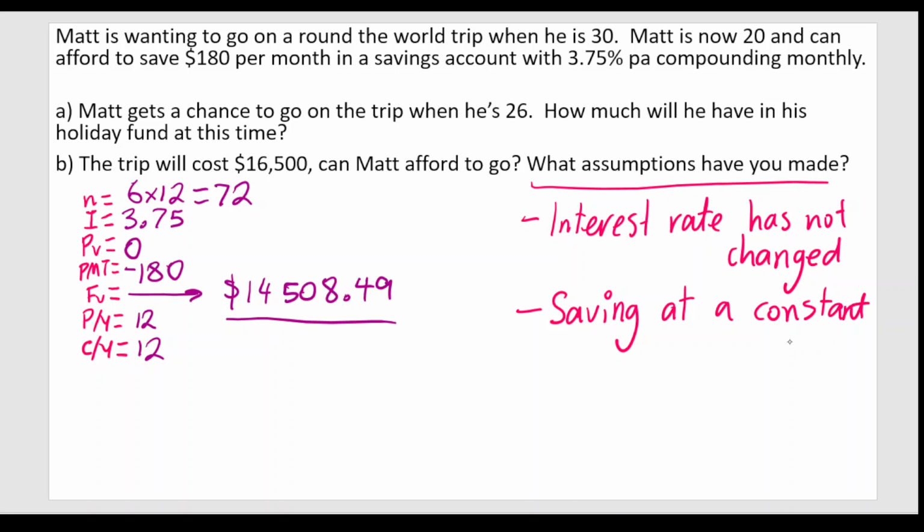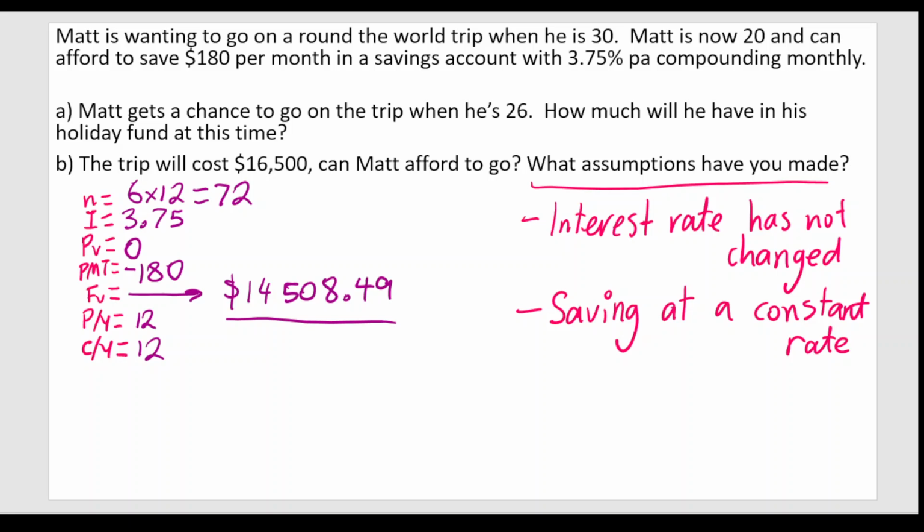Now, if we think about what happens in reality, sometimes you'll save, say, your $100 a fortnight. Other weeks you might have a little bit more to put away. Sometimes emergencies might come up. So these are really important things to consider as assumptions that you've made in relation to whether or not this is a reasonable answer to come up with.